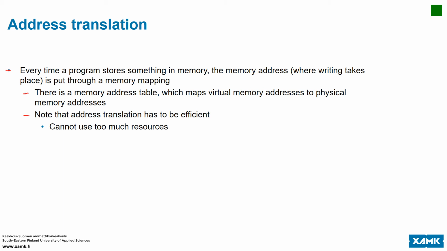So there is a memory address table stored by the memory management unit, which maps virtual memory addresses to physical memory addresses. And at this point, it's good to keep in mind that this address translation has to be really efficient, because otherwise it would unnecessarily slow down the execution of application programs.